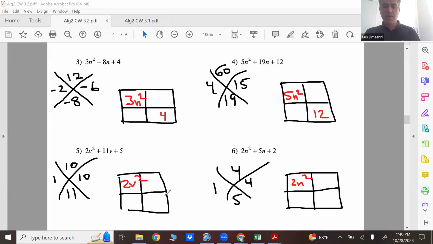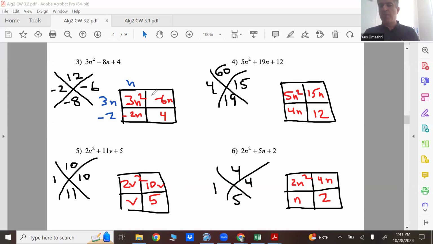4, 12, 5, and 2. It's solving, but it's more of the same stuff.